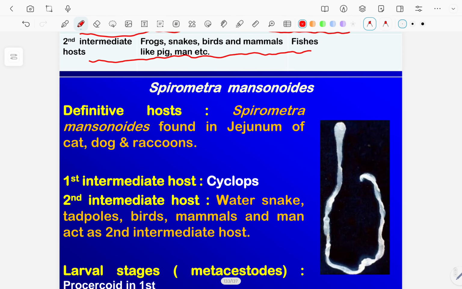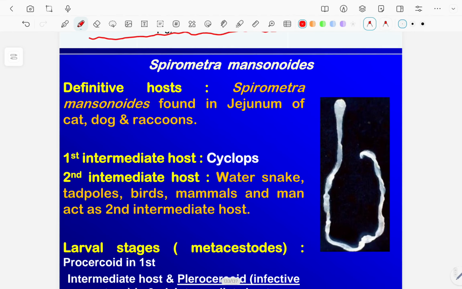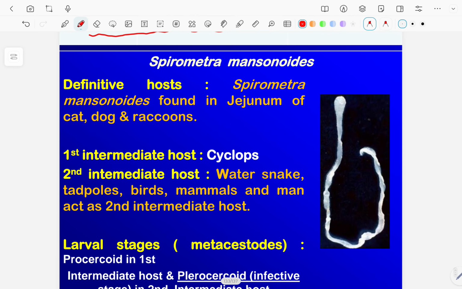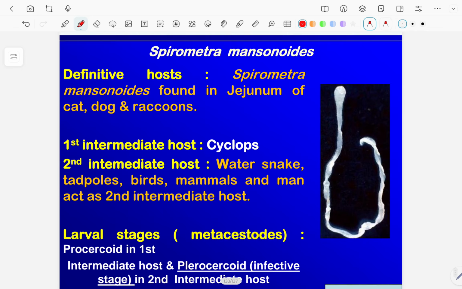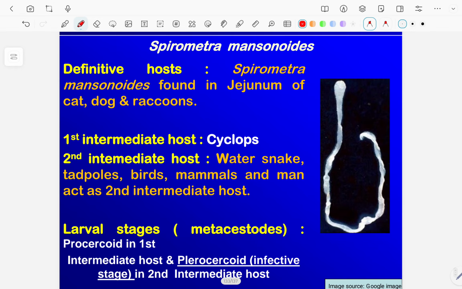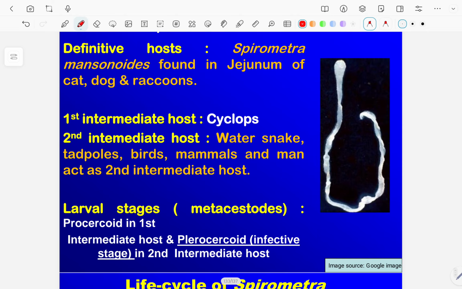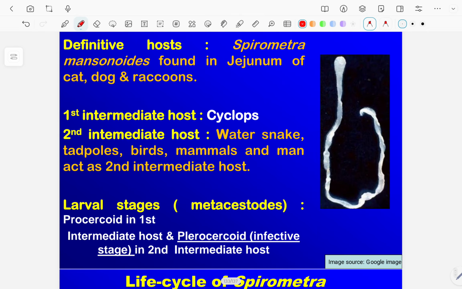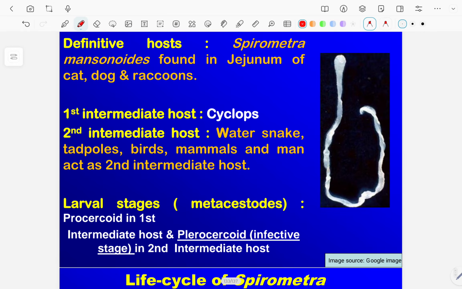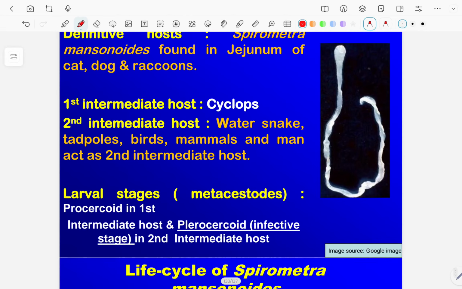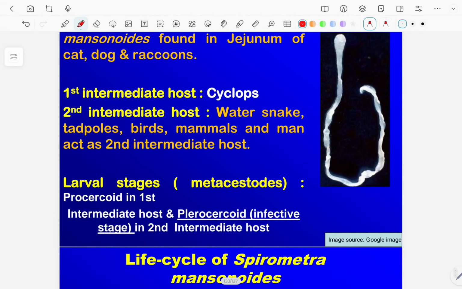Spirometra mansoni. Definitive host: Spirometra mansoni is found in cat, dog, and raccoon. First intermediate host: cyclops. Second intermediate host: water snake, tadpoles, birds, mammals, and man act as second intermediate hosts.